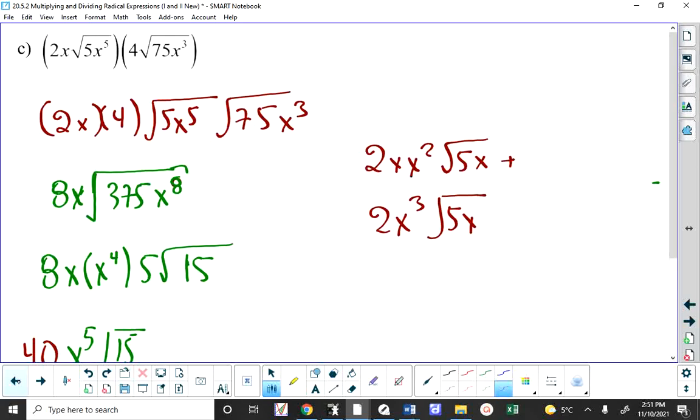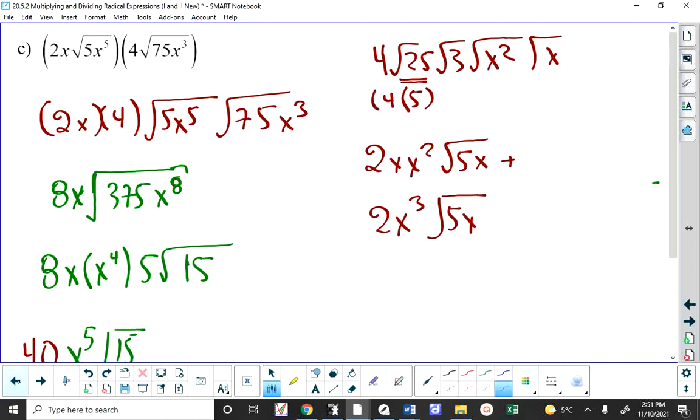What can I do with this root 75? Well, that's root 25, root 3, root x squared, root x, if I tear it down. So I can take out the 5 and multiply by 4 and get a coefficient of 20.